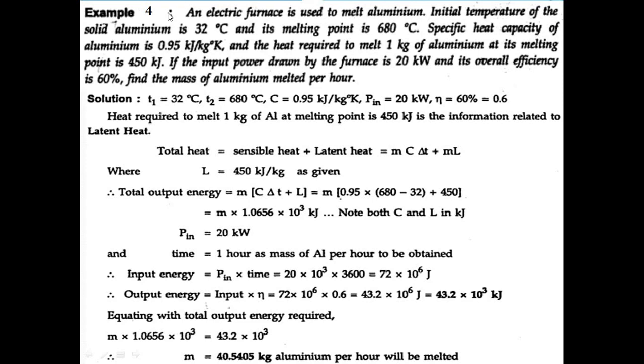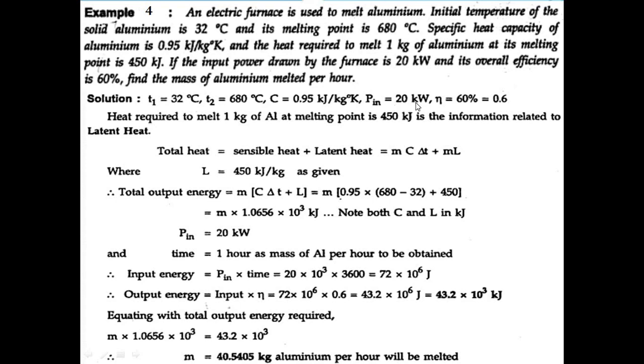The specific heat capacity of aluminium, that is C, is given as 0.95 kilojoules per kg K, and the heat required to melt 1 kg of aluminium at its melting point is 450 kilojoules. If the input power drawn by the furnace is 20 kilowatt and its overall efficiency is 60%, find the mass of aluminium melted per hour.